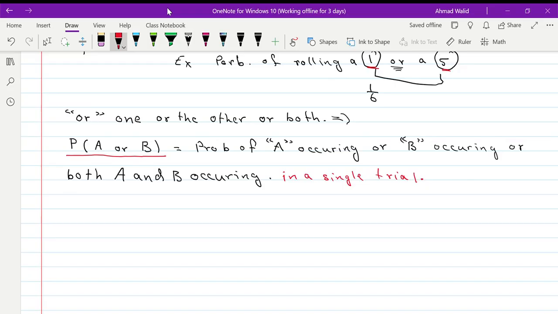Another example that comes to my mind right now is if I write the probability of someone who is blonde or female.